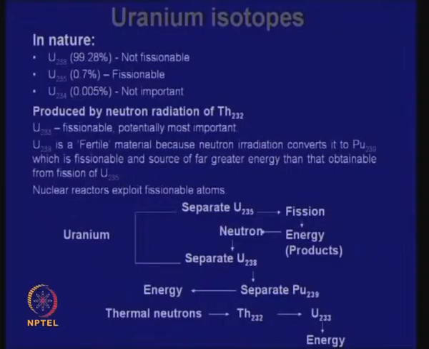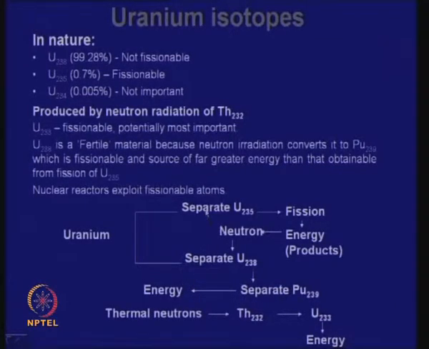So, after fission there is energy in the products which have gone flying in opposite directions. Then there are thermal neutrons. These neutrons can be used to bombard U-238. This U-238 will get converted to plutonium-239, which you have to separate out, and then that will produce energy.